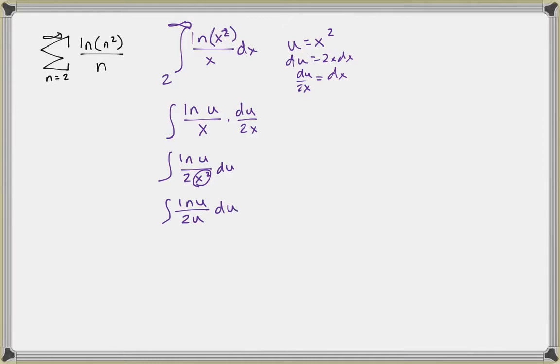So we're actually going to need to do a second substitution. Now I'm going to let, well, we can't use u because we already used u, so now I'm going to let v be equal to the natural log of u. Then dv is going to be 1 over u du, and du will be u dv. Careful with your v's and your u's because they could start to look a lot alike.